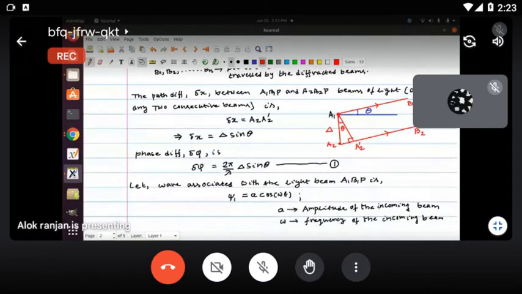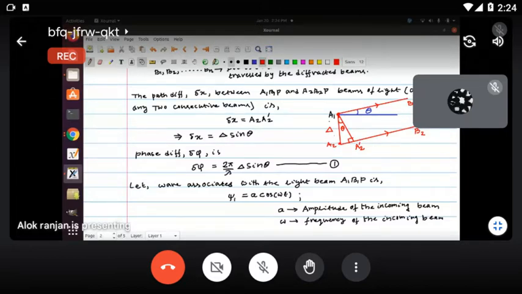Let me show you here, and your doubt will be cleared. Here I have picked two consecutive point source beams named A1 and A2, and this is the extra path traveled by the beam A2 B2 P compared to A1 B1 P. The extra path is A2 A2 prime, and that extra path delta x will be capital delta sine theta, simply from the geometrical configuration, where theta is the deviation of the diffracted beam in comparison with the undiffracted beam, and delta is the distance between any two conjugate point sources.